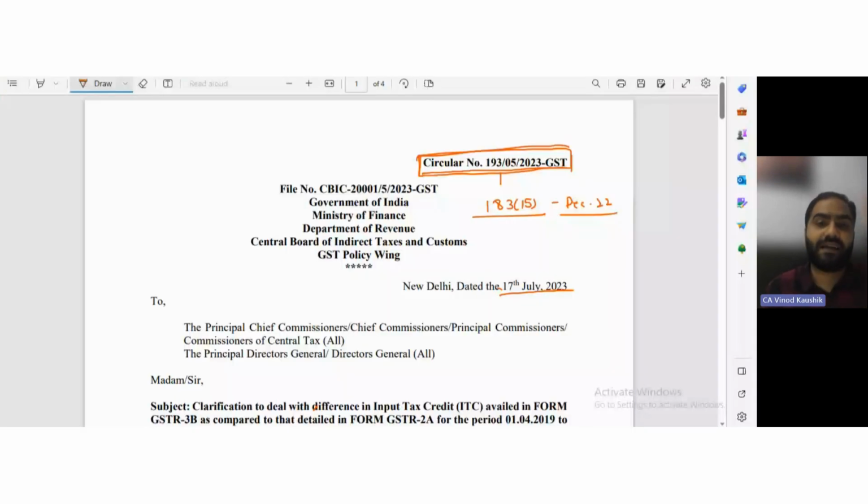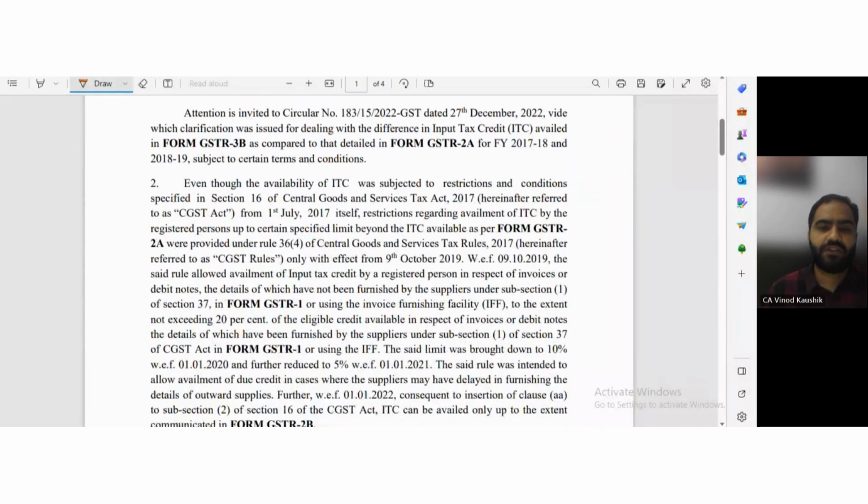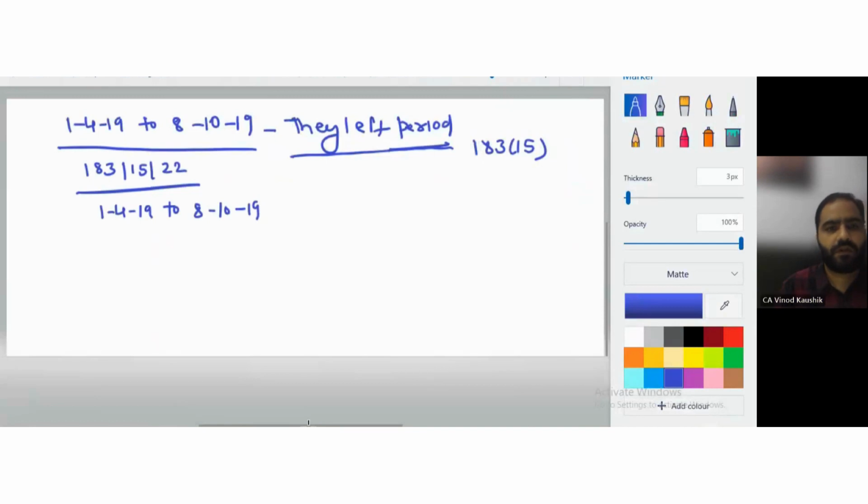This circular is saying that circular number 183/15 shall be applicable to the period 1/4/19 to 8th of October 2019 completely in toto.